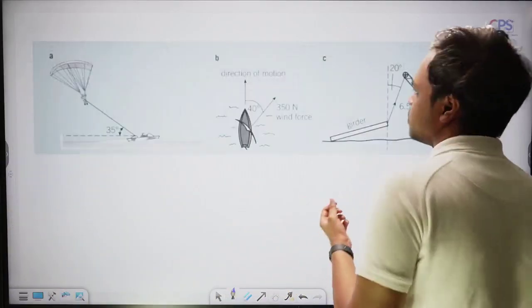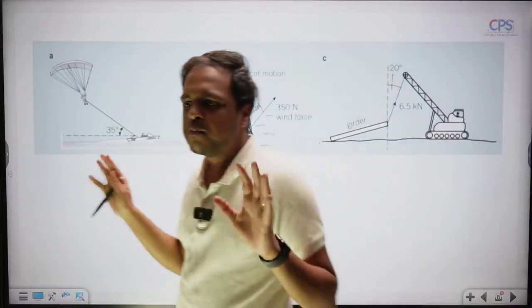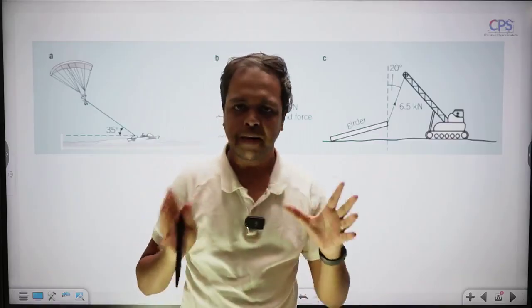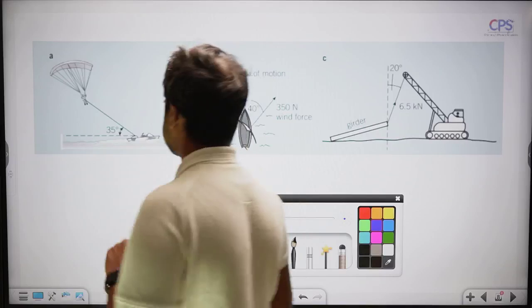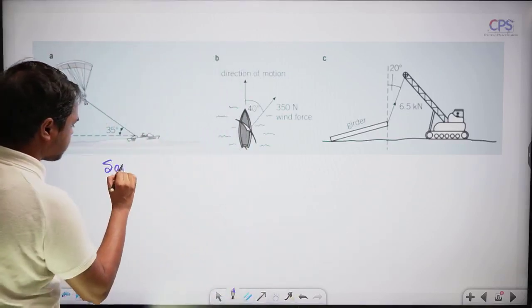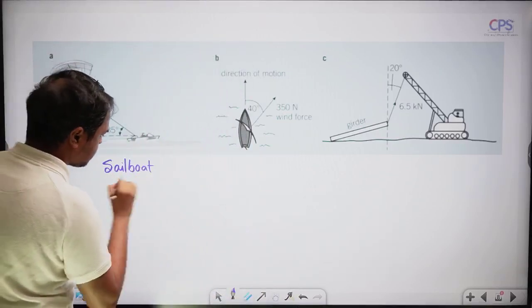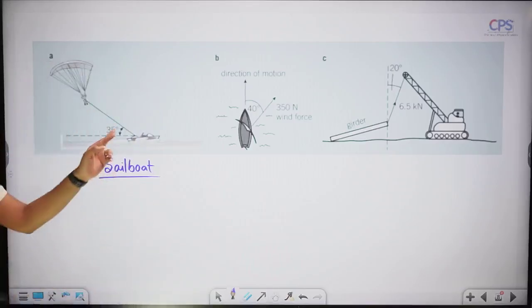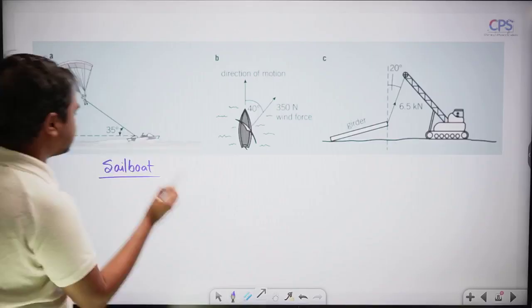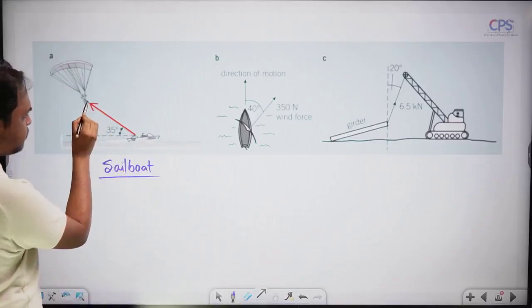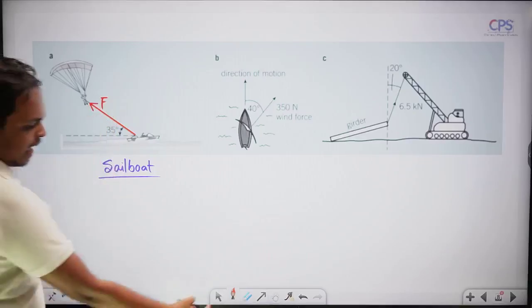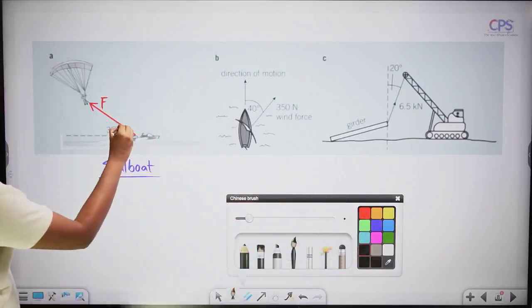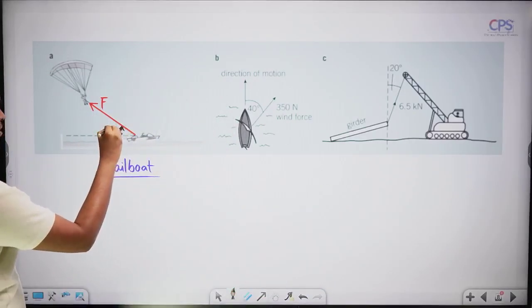Now, we have to study some more examples, or just apply our knowledge to more examples. Like this is a sailboat. The man with the parachute exerts a force F on the sailboat, and the angle given here is 35 degree.